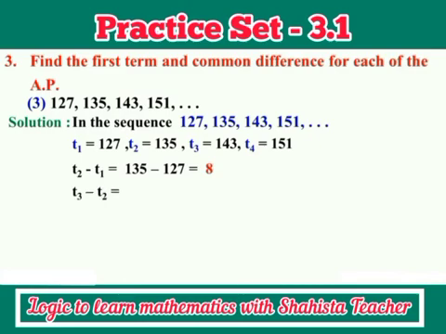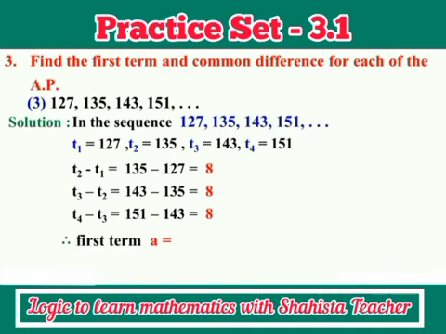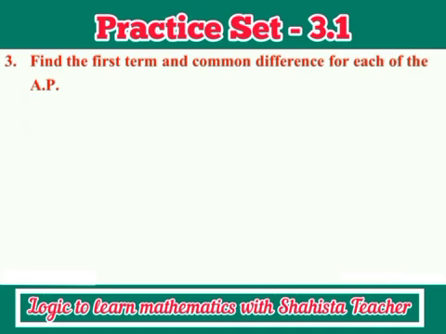T3 minus T2 gives us 143 minus 135, again we get 8. Now T4 minus T3 is equal to 151 minus 143, again we get 8. So the first term A is equal to 127 and the common difference D is equal to 8. So simple and easy to understand. 127 is given and 8 we have found.